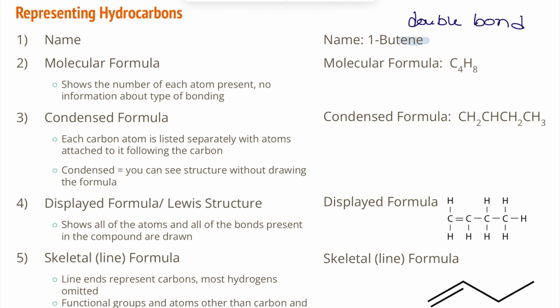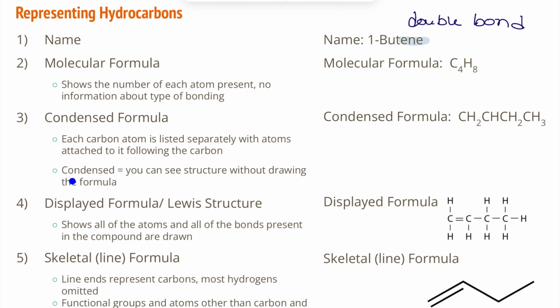formula. So we also have a condensed formula, where each carbon atom is listed separately, and the atoms that are attached to it follow that carbon. It's called a condensed formula because we can see the structure without actually having to draw out the structural or displayed formula.